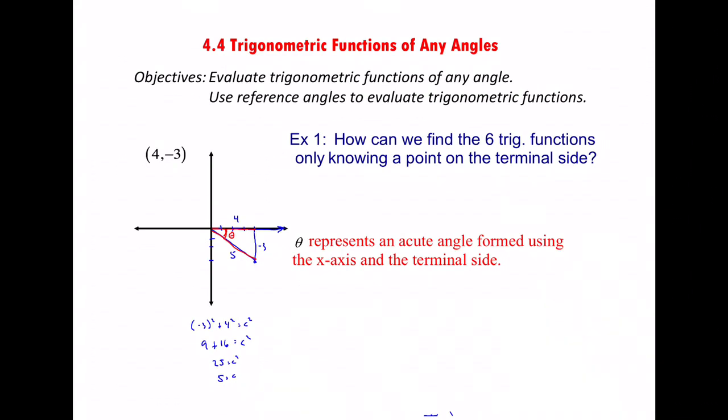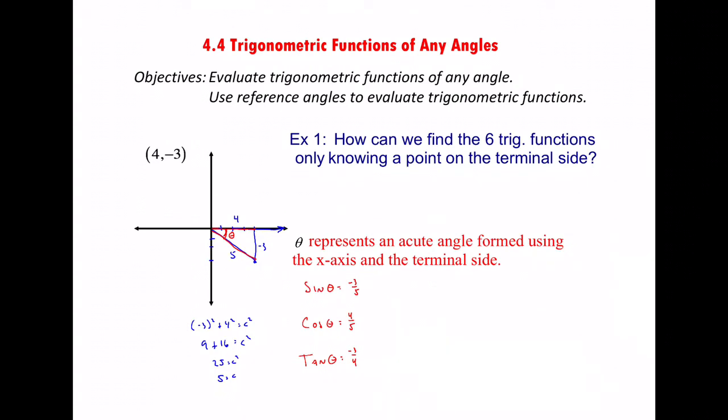So the 6 trig functions, we have sine of theta, which is equal to opposite over hypotenuse, so it's negative 3/5. We have cosine of theta, adjacent over hypotenuse, which is 4/5. And then tangent of theta is opposite over adjacent, which is negative 3/4.